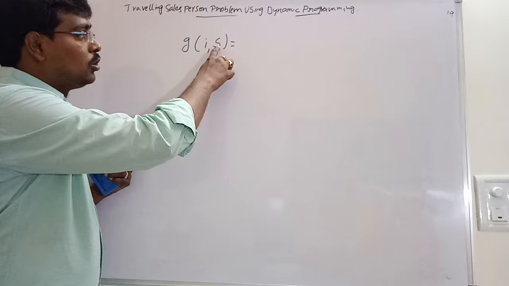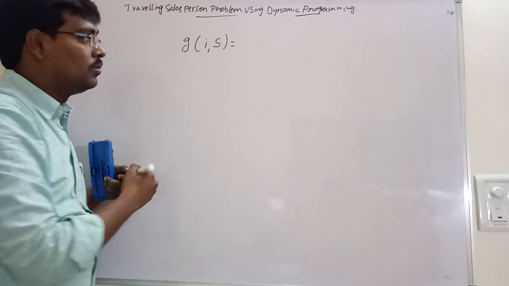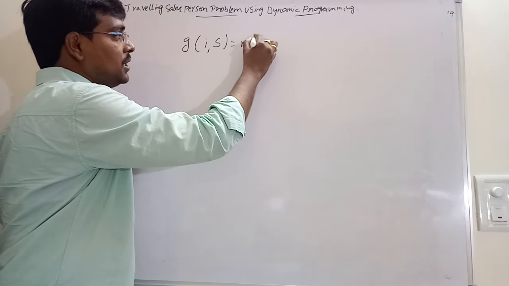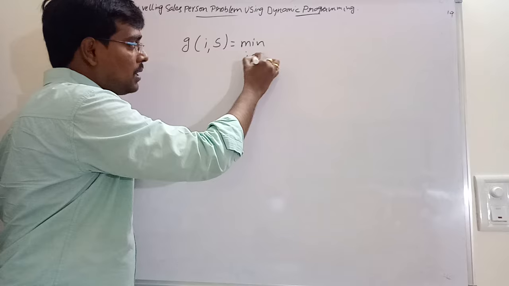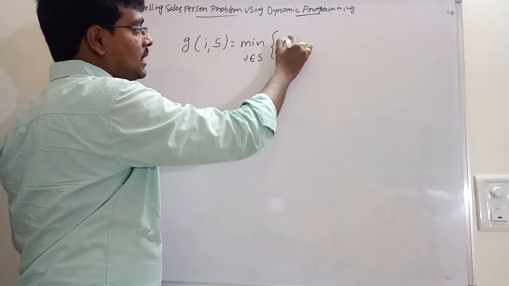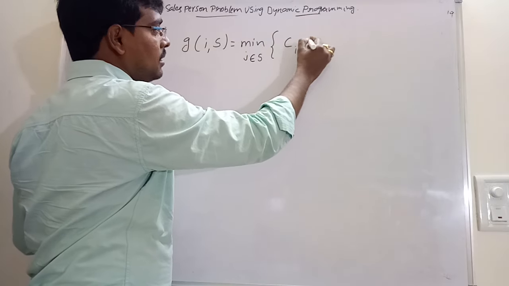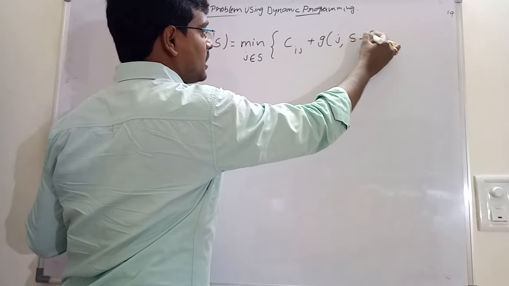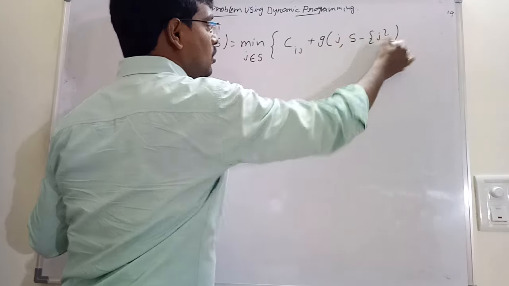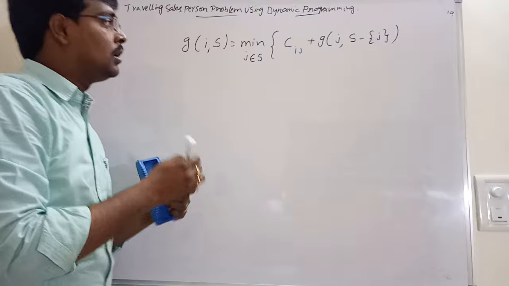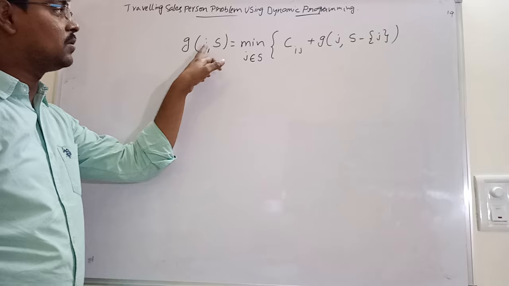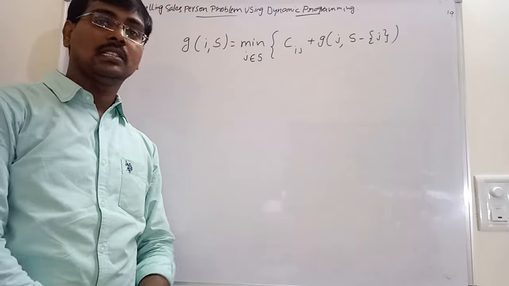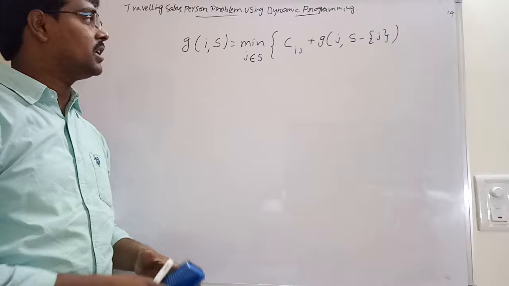From i, we have to decide which vertex to move to. So the formula is very simple: i is the starting vertex, and S contains the set of remaining elements.